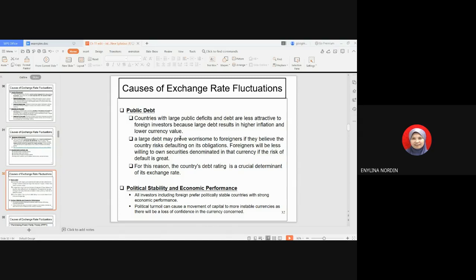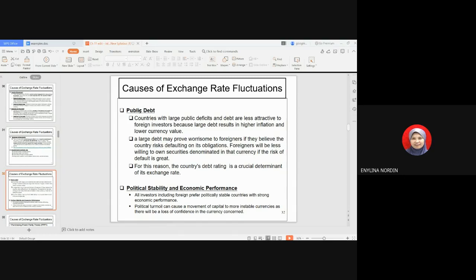Because of this, the country's debt rating, which is provided in our country by the Rating Agency Malaysia, RAM, is very important. That rating will be a crucial determinant of its exchange rate, so it may influence the exchange rate.